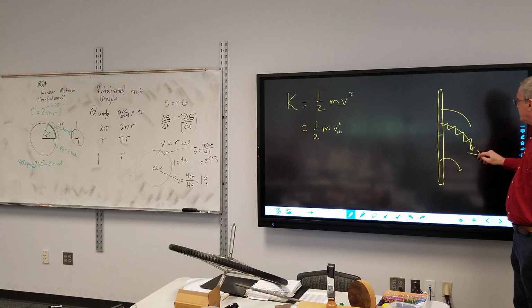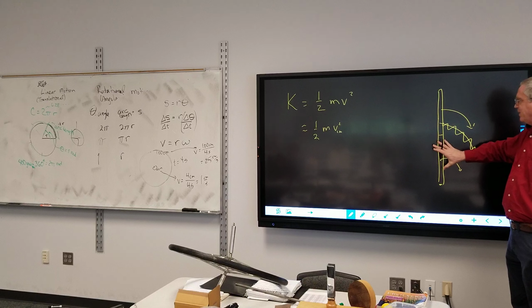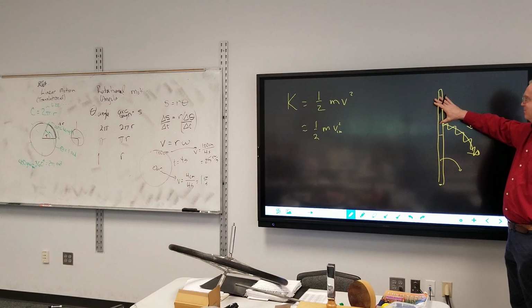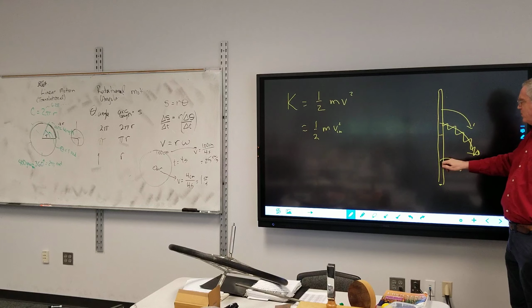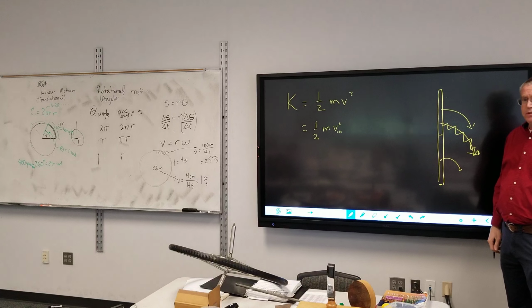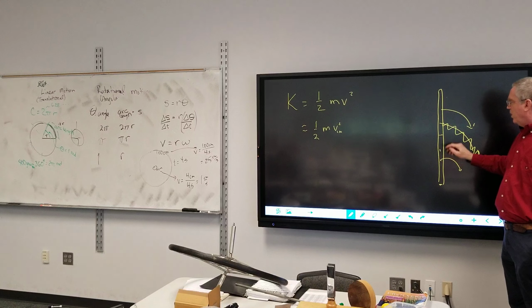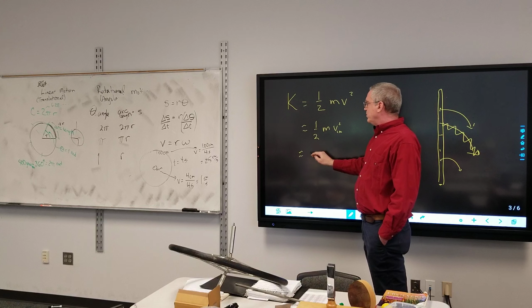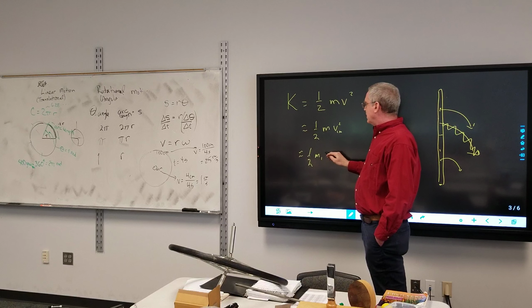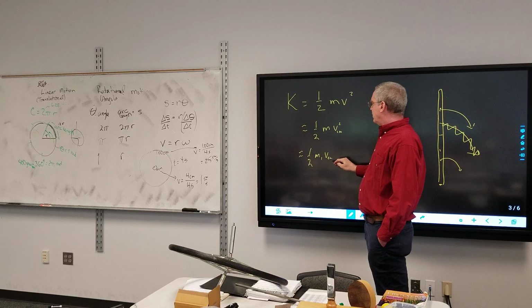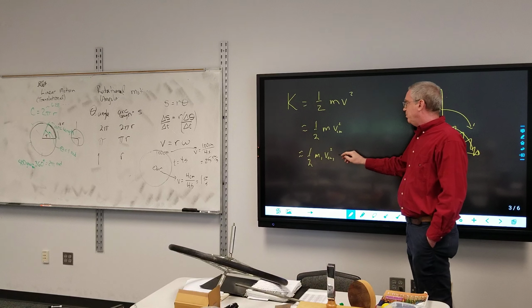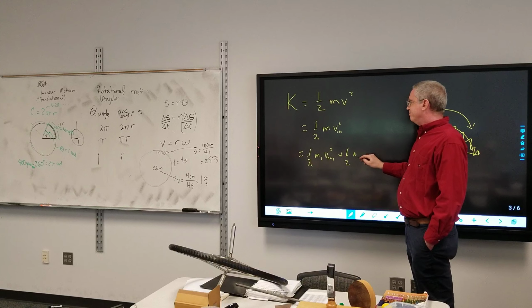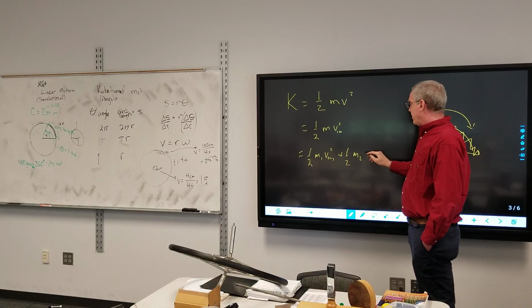So instead of doing this, we look at this as half the mass, and then we do the center of that and the center of this. I'll just call this 1 and 2. So we can get a better approximation if we do 1/2 times mass 1 times the speed of the center of mass of 1 squared, plus 1/2 the kinetic energy of the top half.